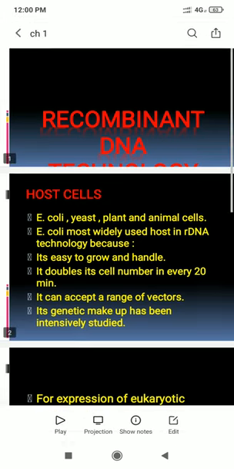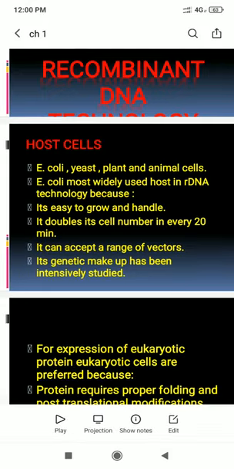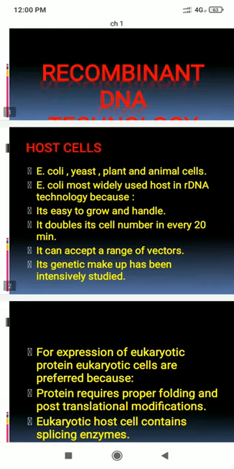Students, is this screen not visible or what?